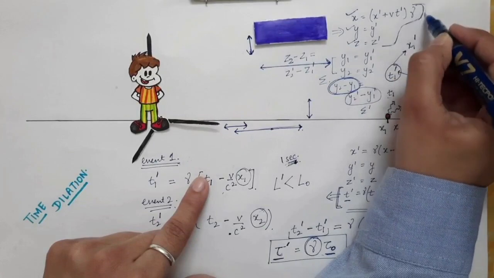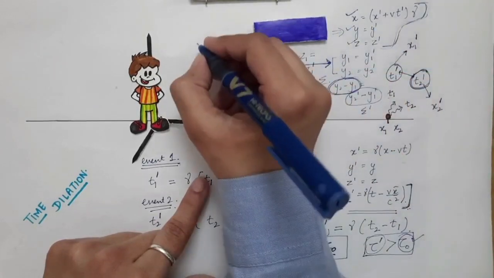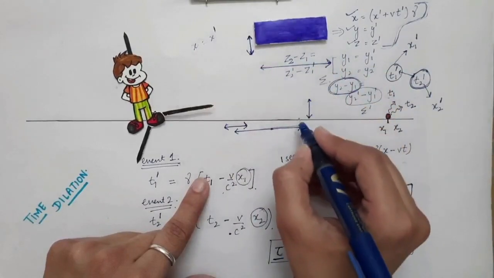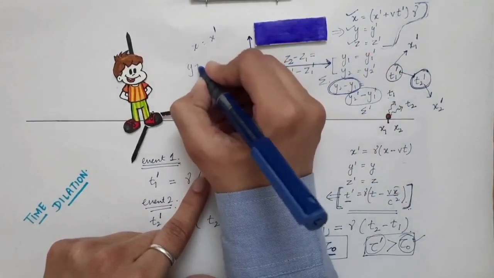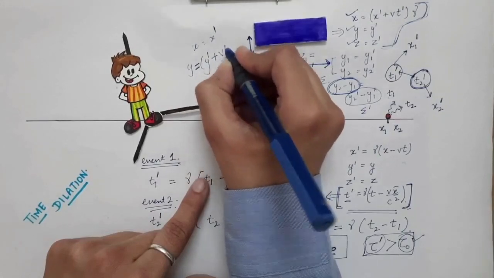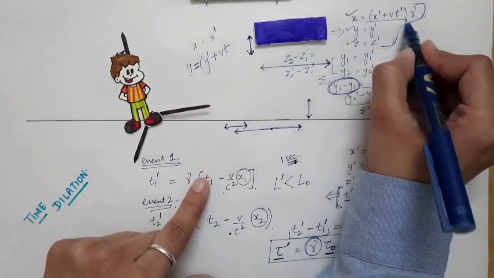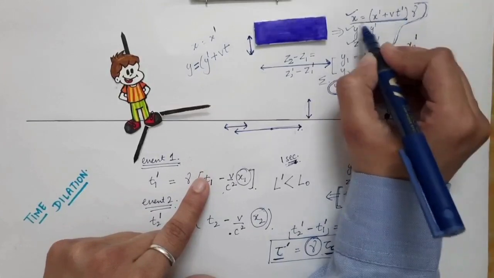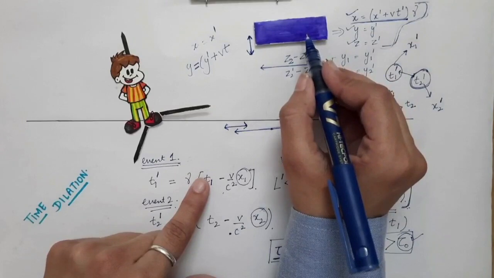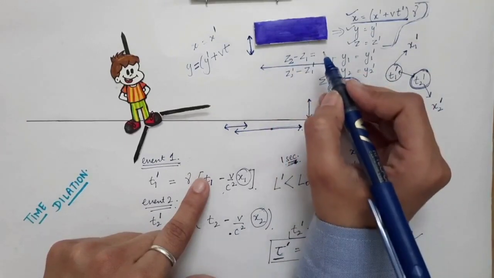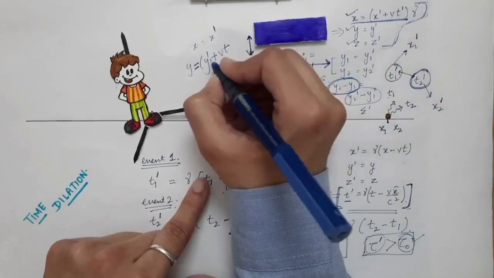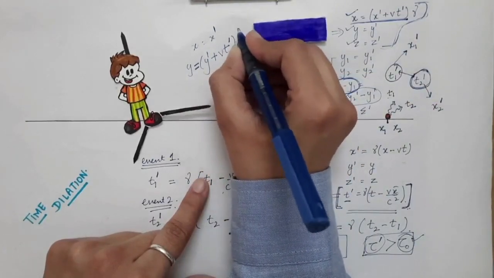In this case, x will be equal to x prime. Now the object is moving along the y-axis, so y will be equal to y prime plus vt prime, times gamma, and z will remain the same.